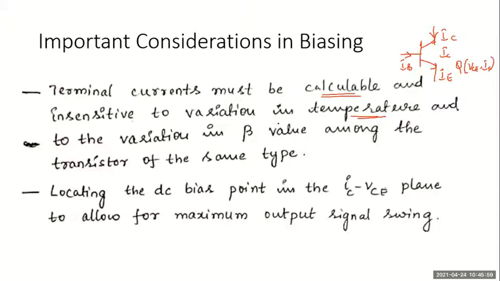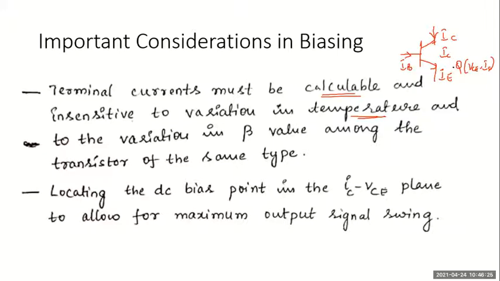So there should be some method in which, though we can't maintain the values of IC and the Q point exactly, because if temperature changes, they are sure to change, I'll tell you by how much. In spite of that, we should be able to keep this in some small variation or almost constant.